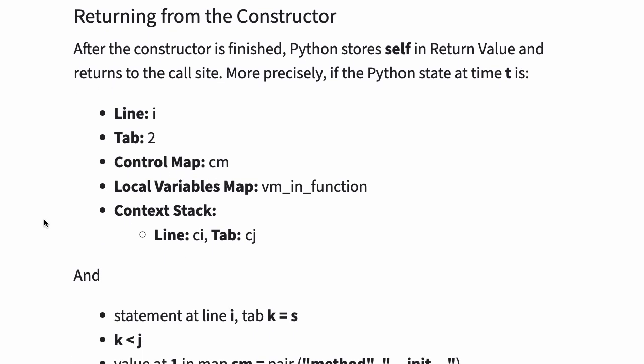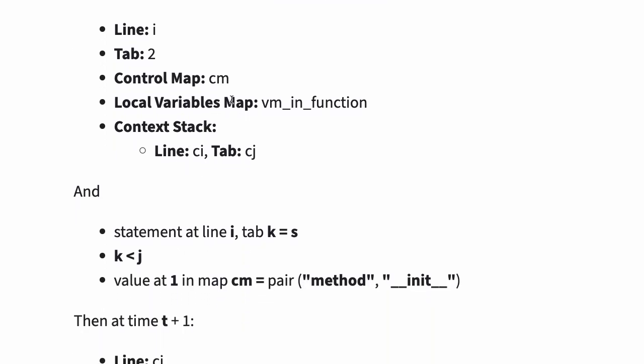After the constructor is finished, Python stores self in return value and returns to the call site. More precisely, if at time t the line is I, the tab is 2, control map is cm, the local variables map is vm in function, and the context stack contains line, which is ci, and tab, which is cj, and the program contains some statement at line I tab k, where k is less than j, and the value at 1 in map cm is the pair method and init.